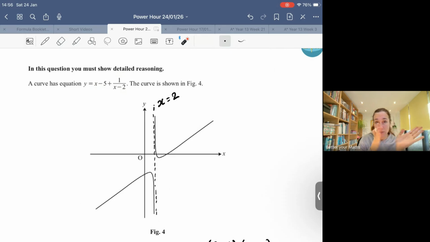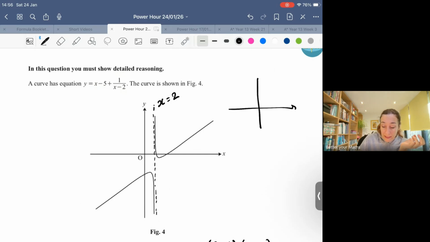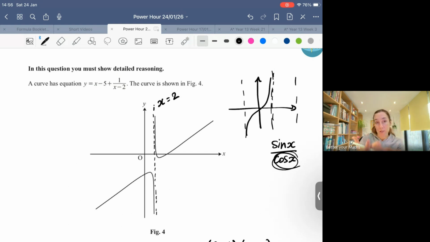My function is going to come close, it's going to skip that point, and then come close from the other side. It's like in the tan function. So when we have a tan, for example, remember we have asymptotes when the denominator is 0. So when cos is 0, remember sin x over cos x, when cos is 0, I have an asymptote. So every time I have a fraction, I'm going to have a vertical asymptote when my denominator is 0.